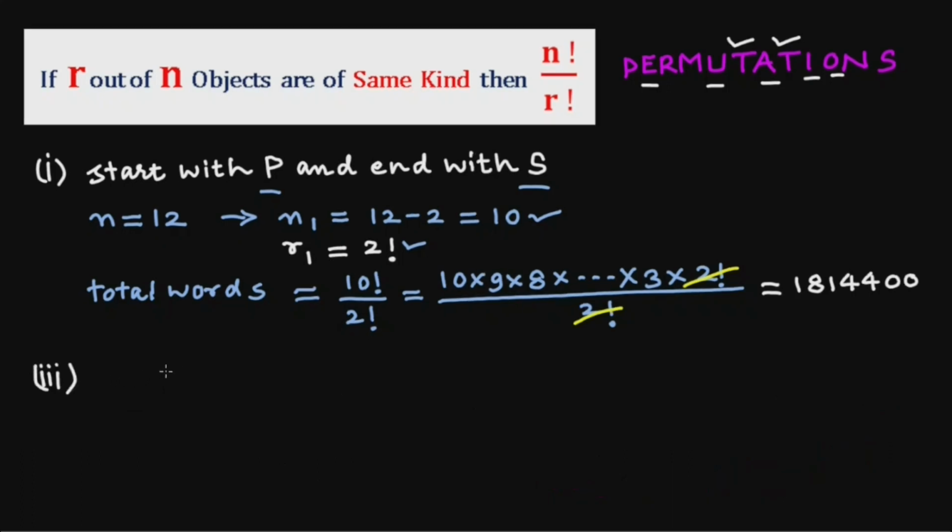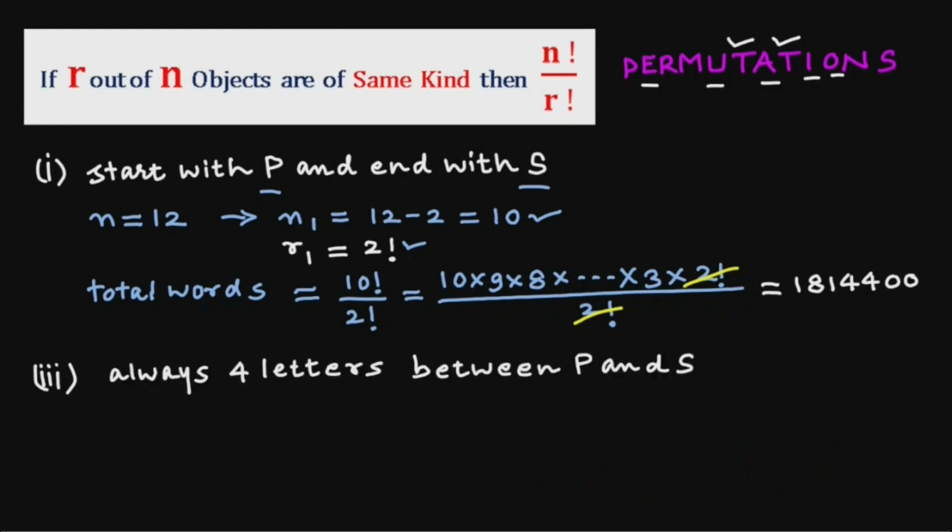And third, if there are always 4 letters between P and S, this is composed of 2 parts. In the first part, it starts with P and ends with S, that is between P and S. So it will be the same as 10 factorial upon 2 factorial.